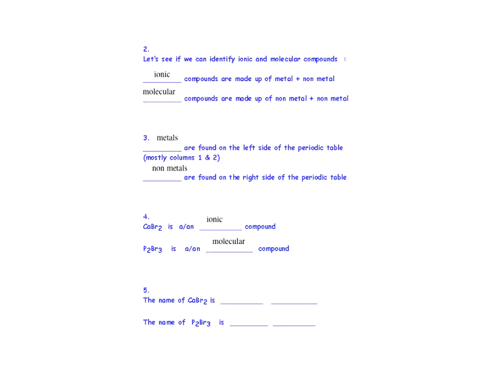Okay, and do you think we have to worry at all about the 2, the subscript 2? Does that affect the naming at all? Remember, it only affects the naming if it's a molecular compound. If it's an ionic compound, then we don't worry about that. So what do you think?